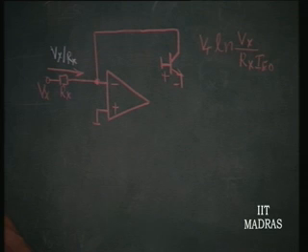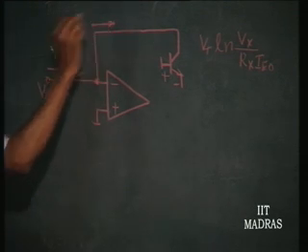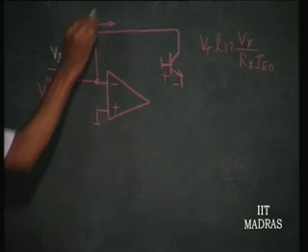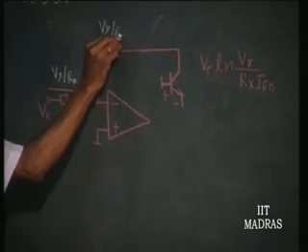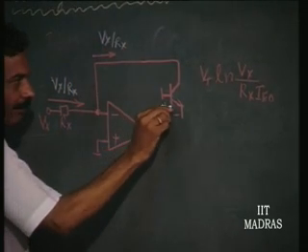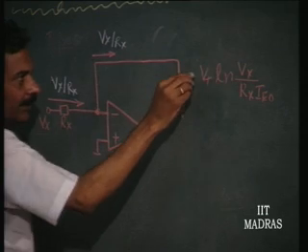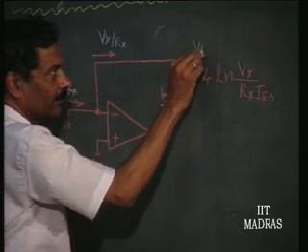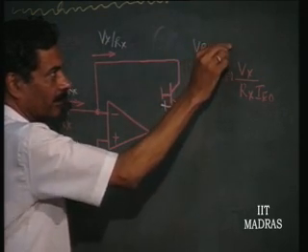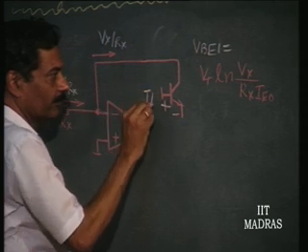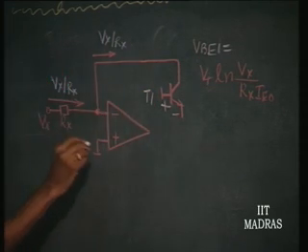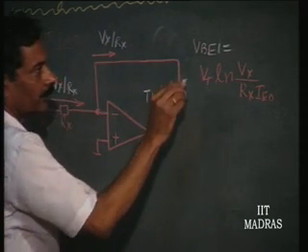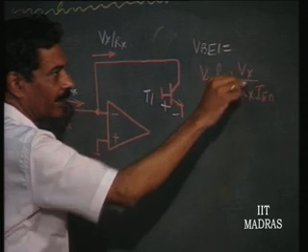So, Vx by Rx is going to be the current flowing through this, and in order to develop that current, the voltage here is going to be, let us say this is T1, Vt log Vx by Rx.